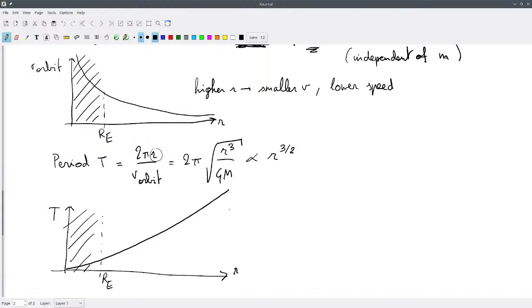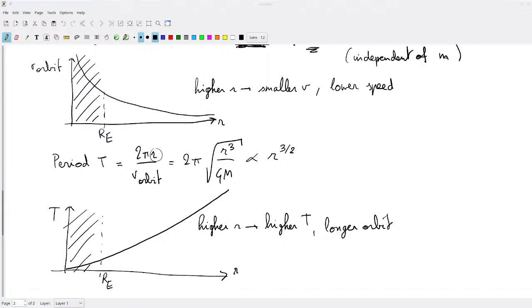So if I go to a higher radius, I'll have a higher period, or a longer orbit. These things make sense: if we go to a higher radius, the velocity gets smaller, and at the same time the distance for an orbit gets longer. So obviously the period will have to get longer as well.